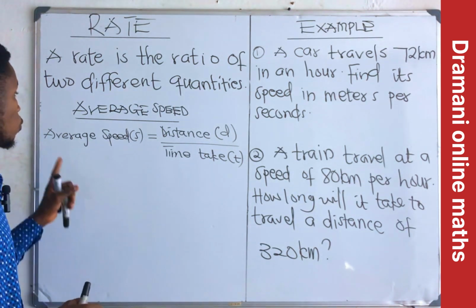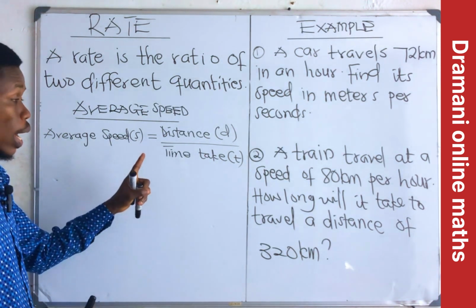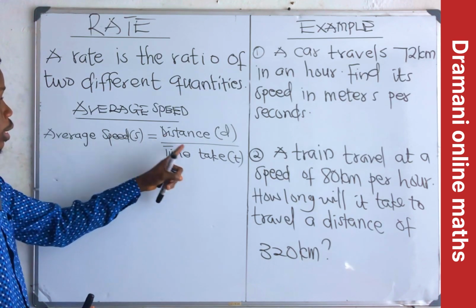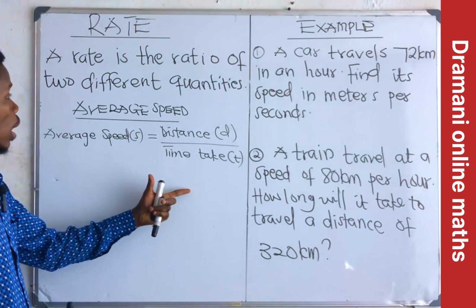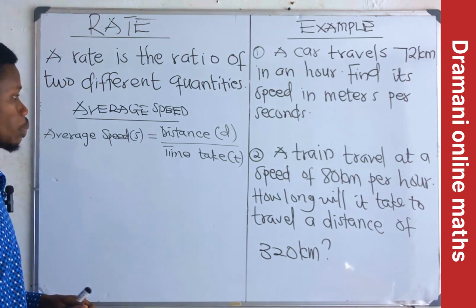So that is the formula or the definition of average speed: the ratio of distance to time taken. That's the mathematical form of average speed.